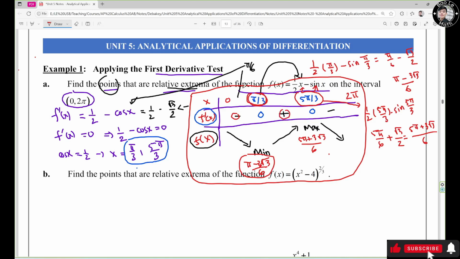Similarly, you need to say that the function f of s obtains the relative maximum 5 pi over 6 plus 3 root 3 over 6 at s equals 5 pi over 3, because the function f prime of s changes sign from positive to negative at s equals 5 pi over 3.